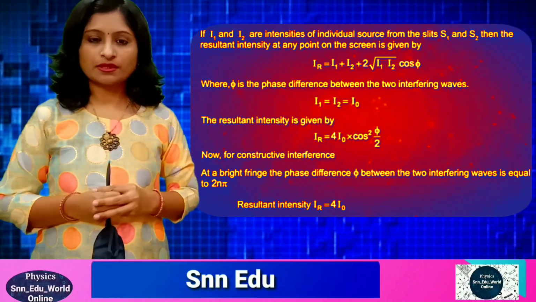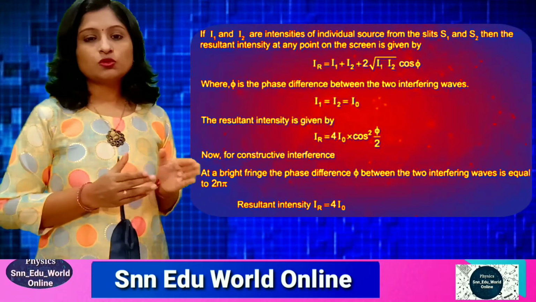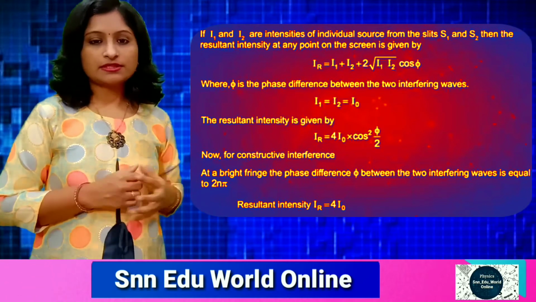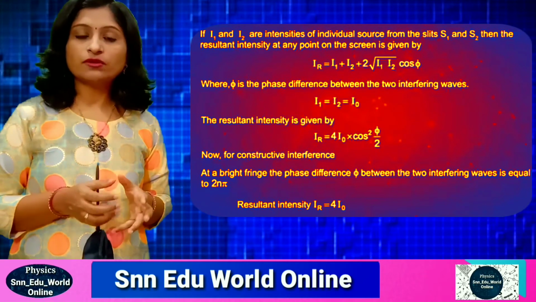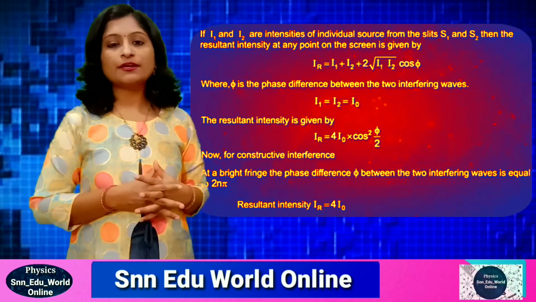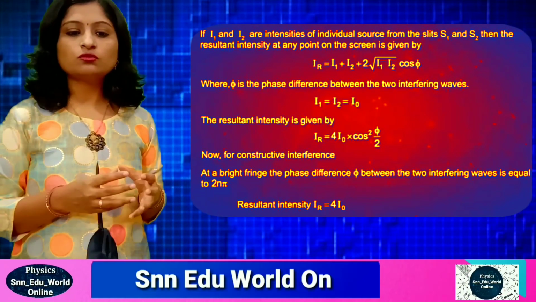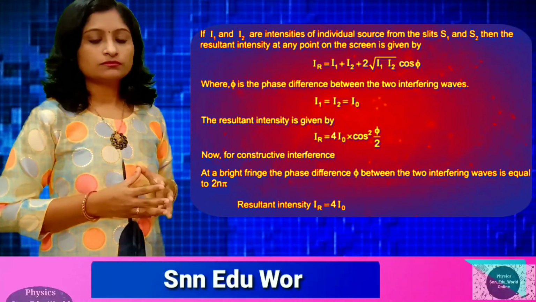Now see in this expression, 2I naught can be taken as common. So in the bracket we get 1 plus cos phi, and from the trigonometric identity we know that 1 plus cos phi is nothing but 2 cos square phi by 2.